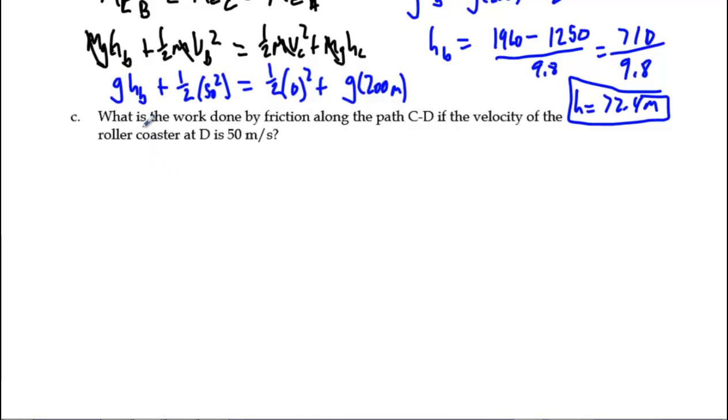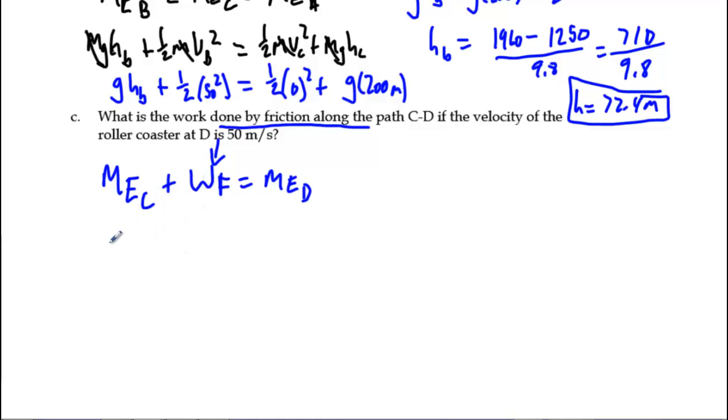This is a little bit different because now we have friction doing work, and that means our mechanical energy is going to go down. So now we actually have to account for that. So the mechanical energy at C plus the work done by friction is equal to the mechanical energy at D. Remember, if there's other things doing work, we just have to include that in our conservation of energy equation.